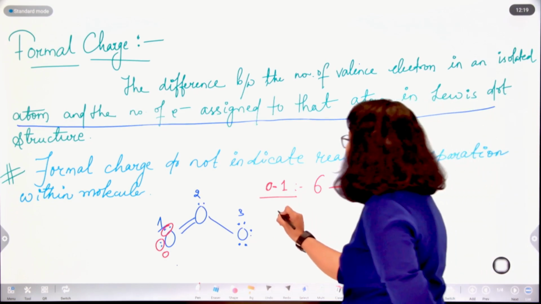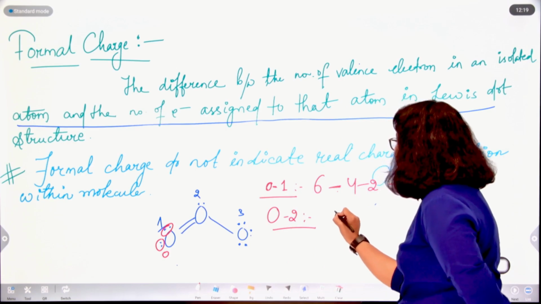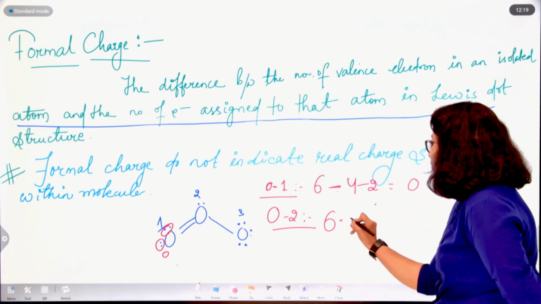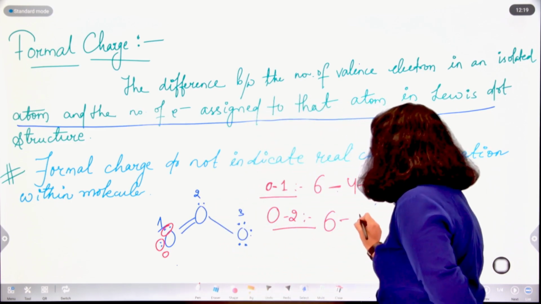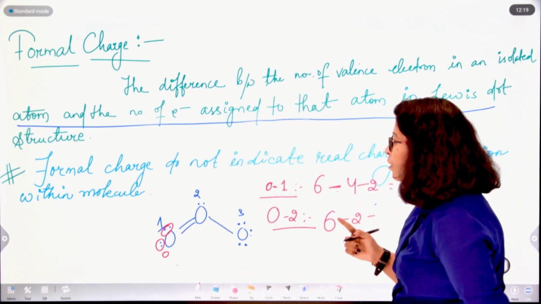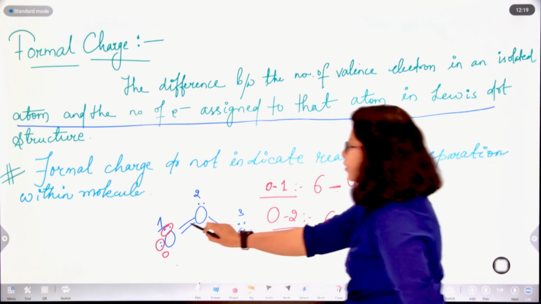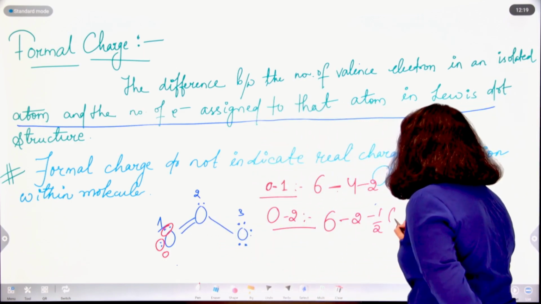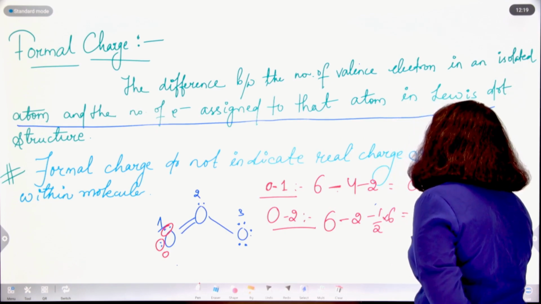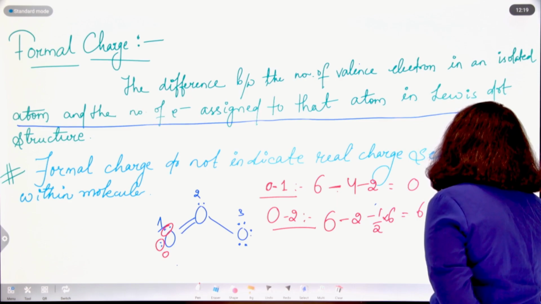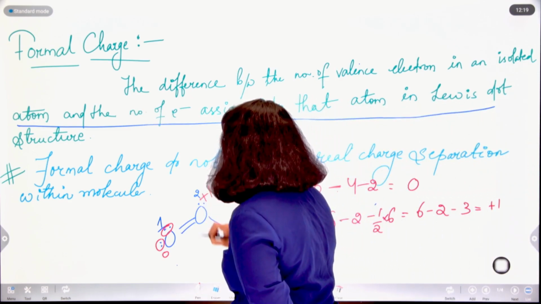If I consider oxygen 2, the second oxygen, again the valence electrons are the same, 6, minus lone pair electrons, 2 in this case, minus half of bond pair electrons. So here the bond pairs are 1, 2 and 3, so total 6 electrons, half of 6 is 3. So you get 6 minus 2 minus 3, which is plus 1. So for this oxygen the formal charge is plus 1.